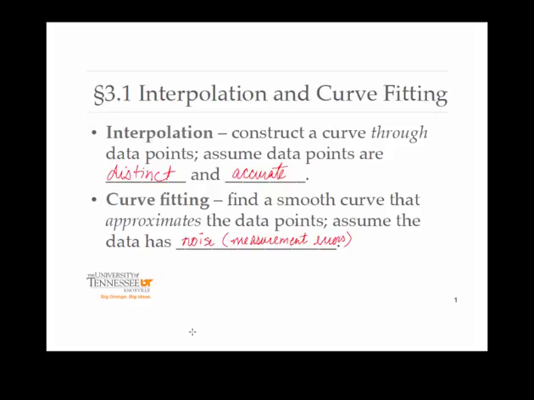And first of all, with interpolation, the idea is that given data points, we would like to construct a curve that fits those data points. Our major assumption in this case is that the data points are distinct. That means there's nothing that repeats.